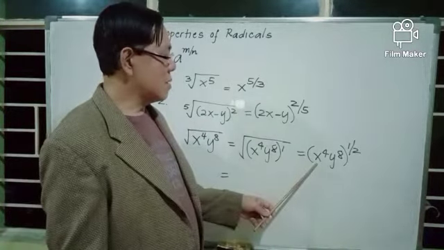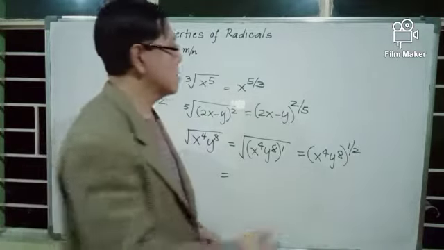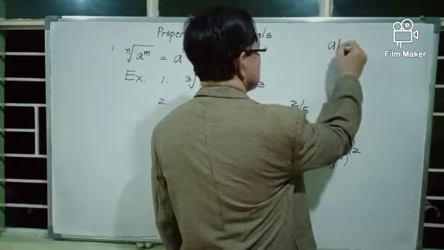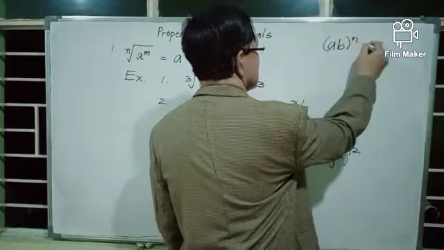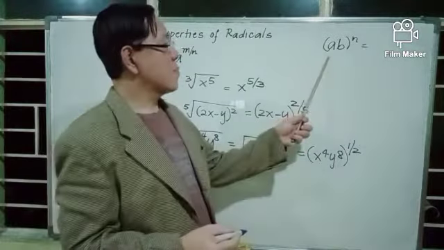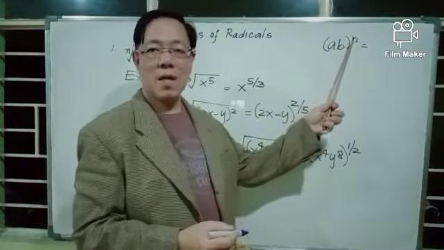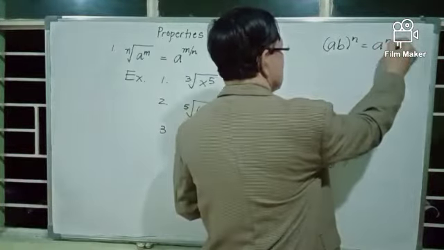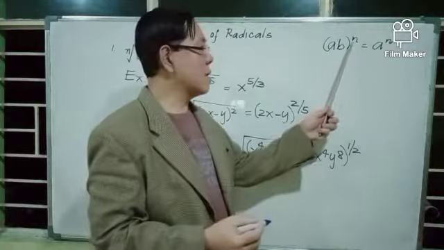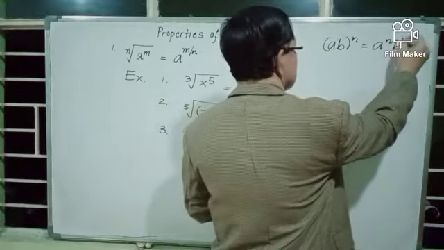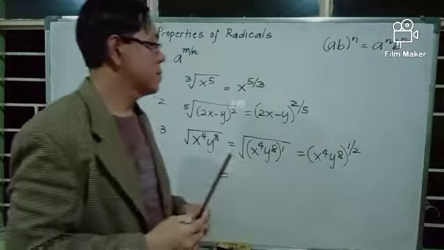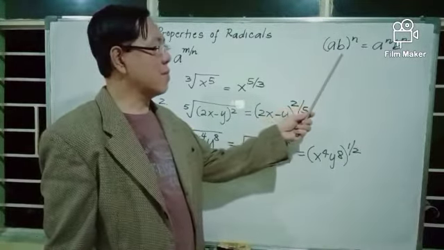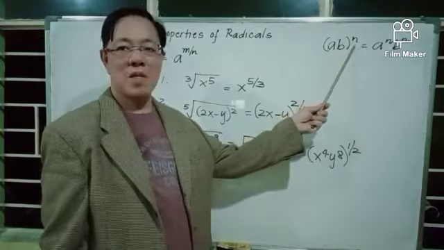Here we apply the property of exponent that says the product ab raised to the exponent n is the same as a raised to n multiplied by b raised to n. Thus, in the product, each factor a and b is raised to the same exponent n.